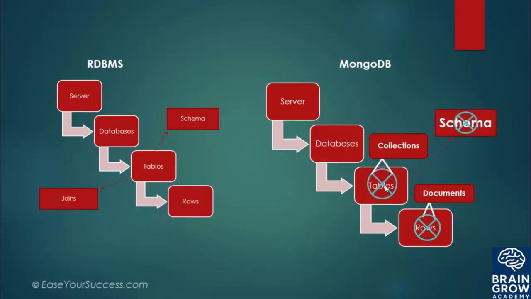And since in MongoDB we are using collections, we do not need any predefined schema. We don't decide what kind of data our collection is going to have. On the go, we will be storing data in the collections.